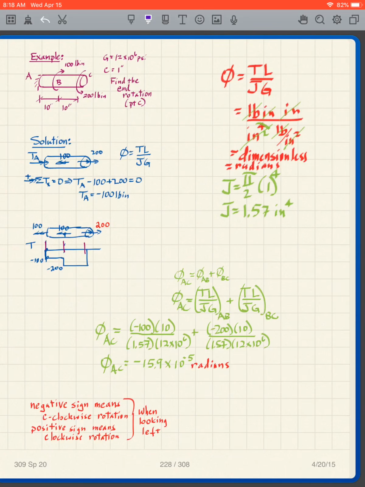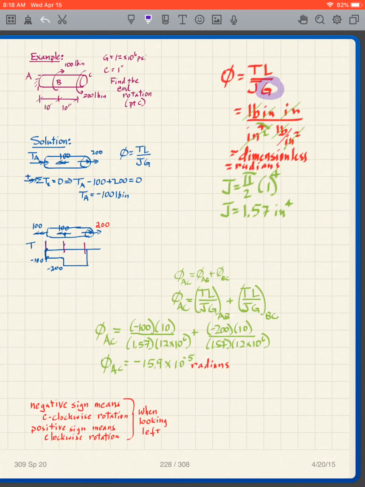Now, we're going to apply this, phi is equal to TL over JG. Let me just talk about the units for a second. T is torque from the torque diagram. The units on torque are pound-inches, for instance. L, of course, is length. Units on that, in this case, are inches. J, if you remember, is a moment of inertia term, which has units of inches to the fourth.